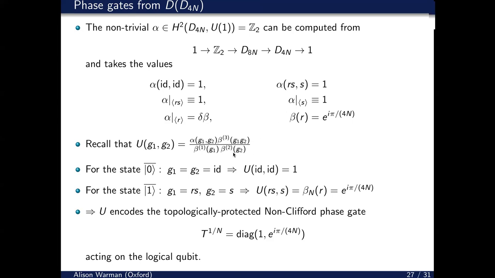Whereas we have a contribution here from beta of R. And these are exactly the phases for this T to the 1 over n gate. And as Andrea rightly pointed out, if we increase n, we get better precision. And we can get arbitrary precision purely in 2D, purely in a topological setting, using these nearest neighbor Hamiltonians just by increasing the order of these dihedral groups.